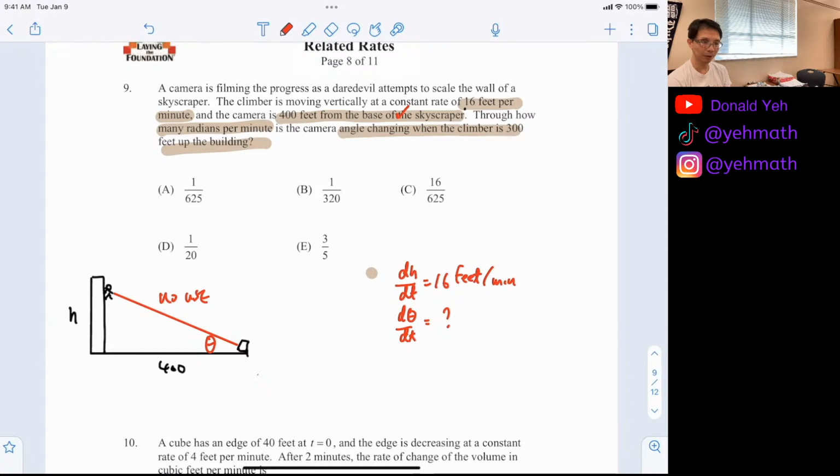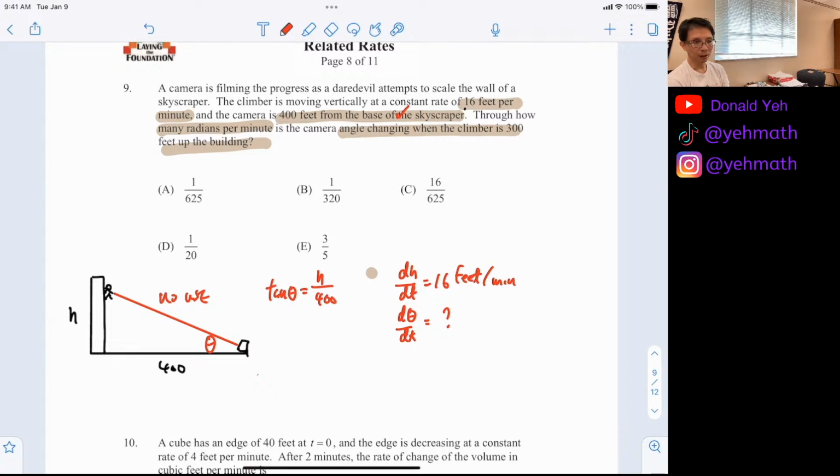I'm gonna set up a trig ratio that makes sure the 400 is on the bottom, because if you set up 400 on the top, it's harder to take a derivative. So which trig function will I use here? Tangent. Tangent, good. So then I will write tangent of theta is equal to h over 400.